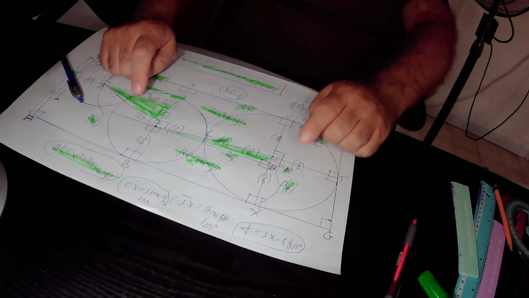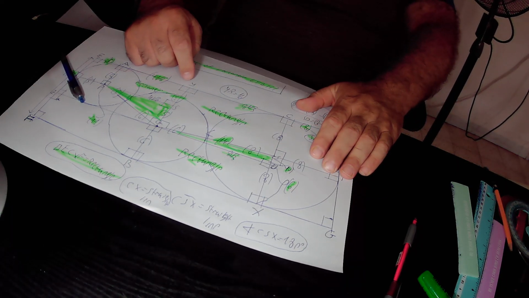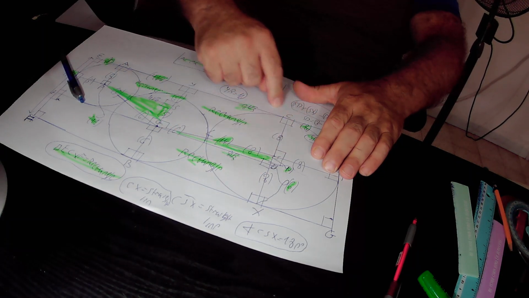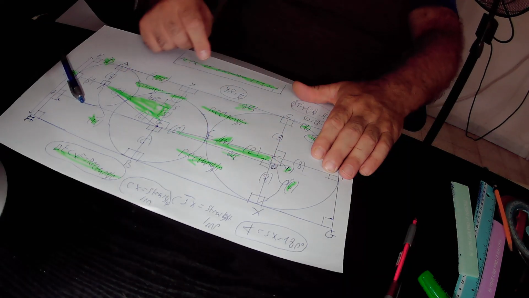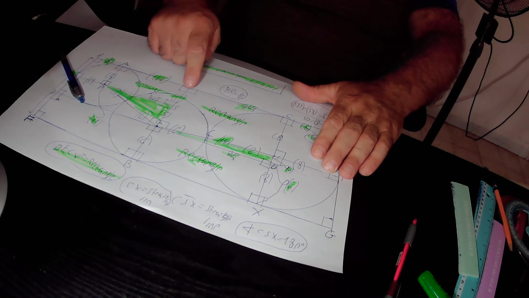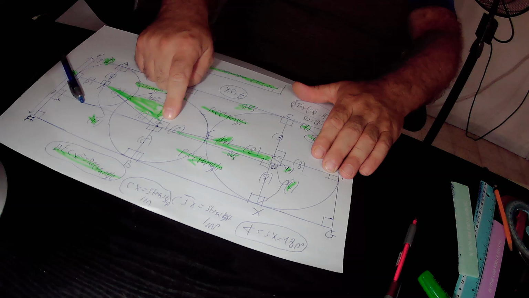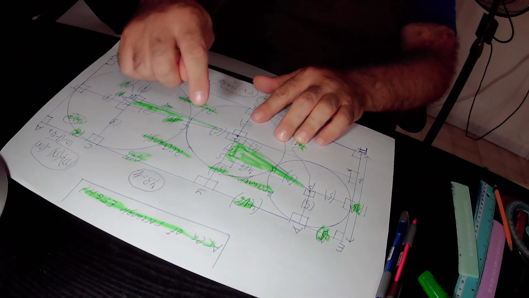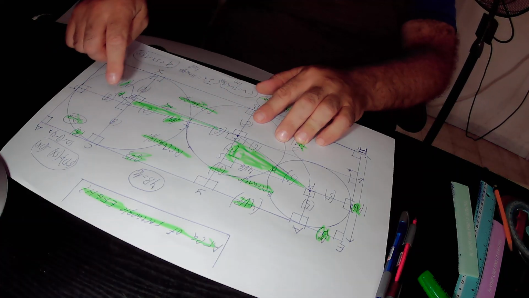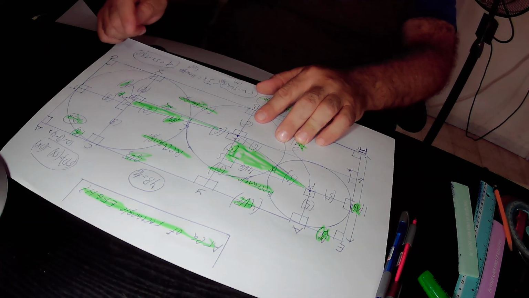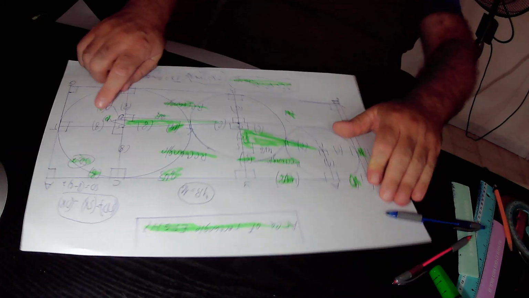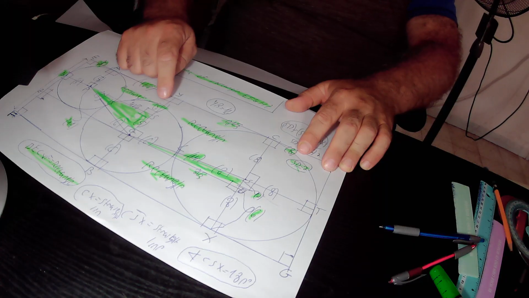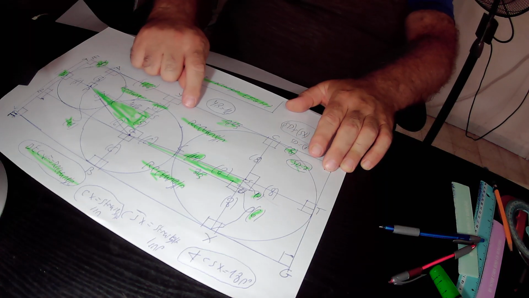So in quadrilateral YCDQ we have 4 right angles, and therefore quadrilateral YCDQ is a rectangle.